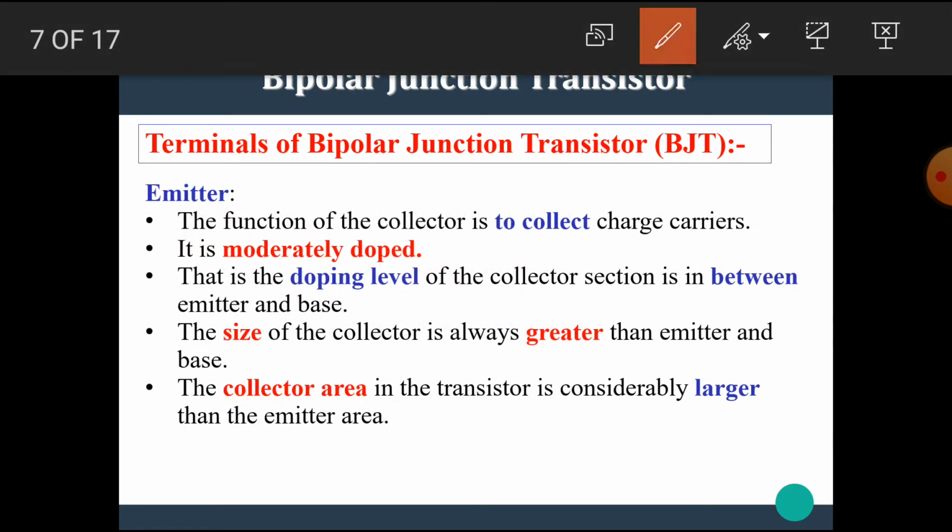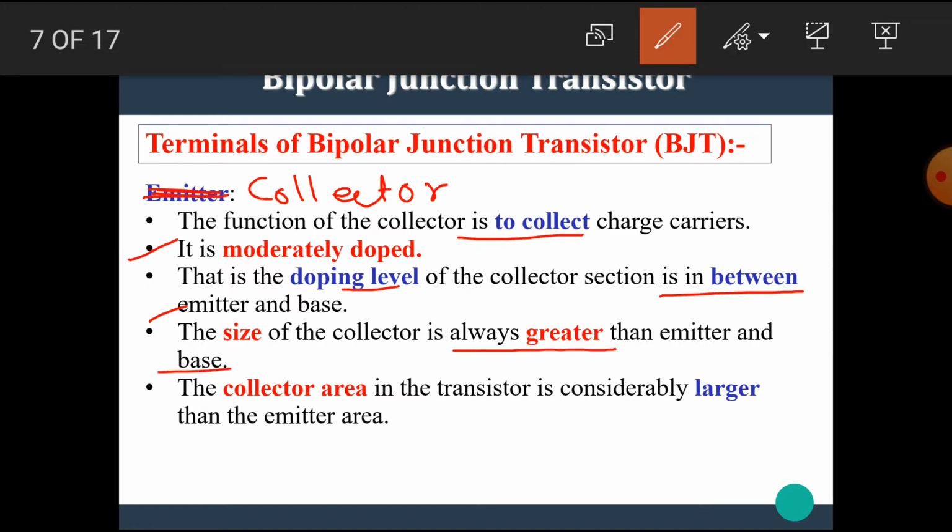The next terminal is the collector terminal. The function of the collector is to collect charge carriers. It is moderately doped. That is, the doping level of the collector is in between emitter and base. The size of the collector is always greater than emitter and the base.